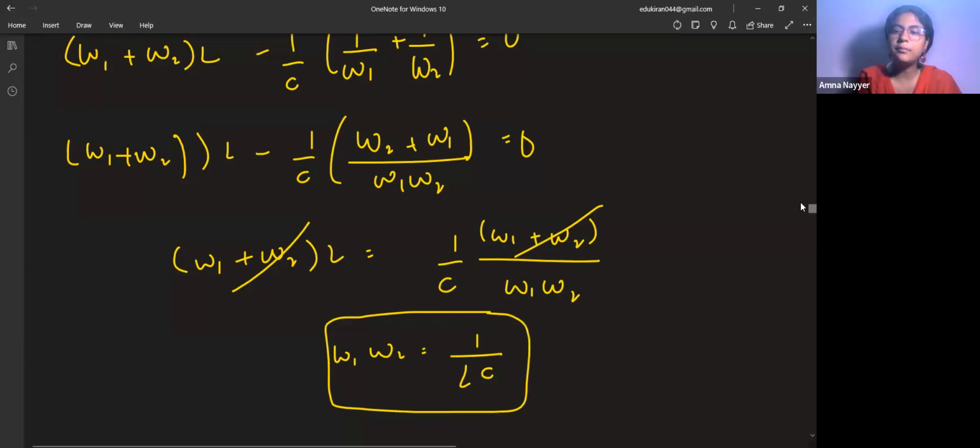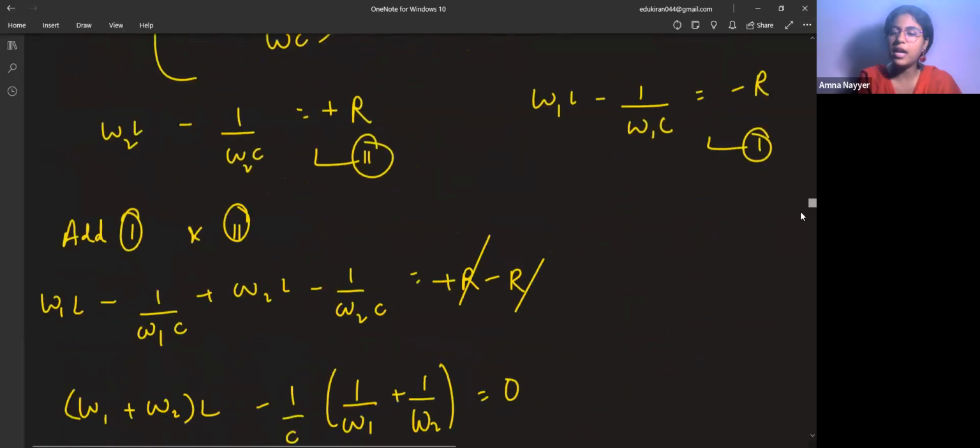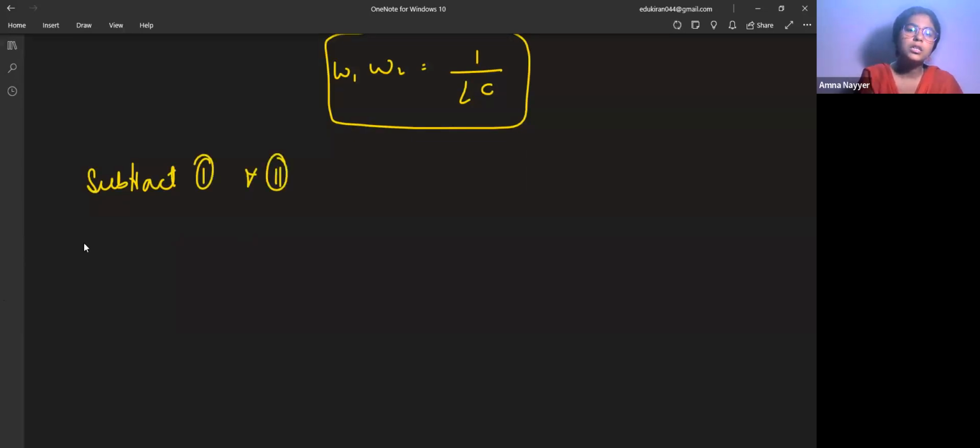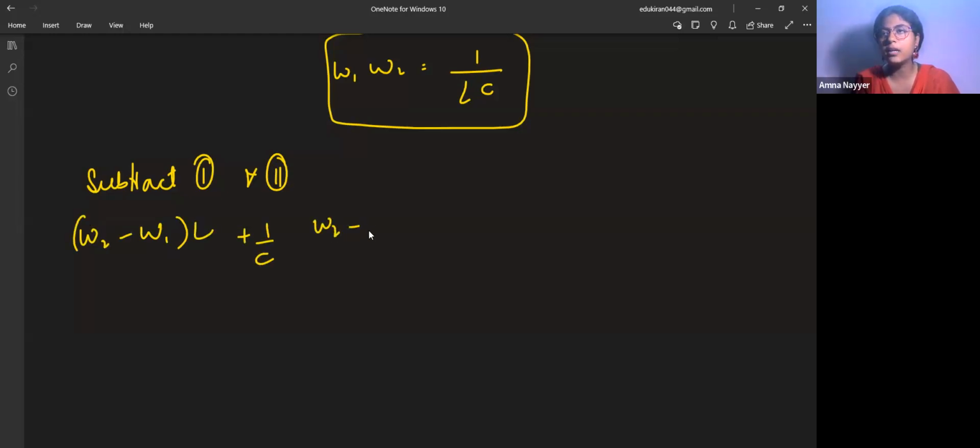Now we'll subtract these two equations. We added them, now we'll subtract them. I'm not writing the entire thing. Omega 2 minus omega 1 will be there when you take common, plus 1 by C, here also omega 2 minus omega 1 divided by omega 1 into omega 2.